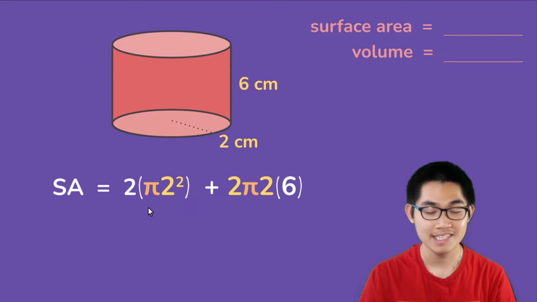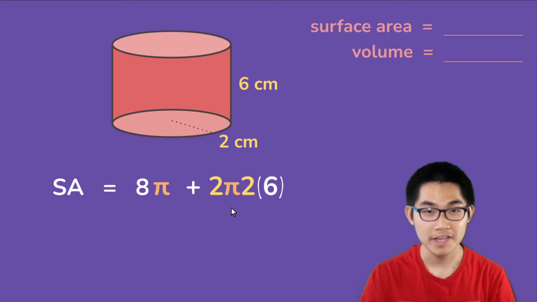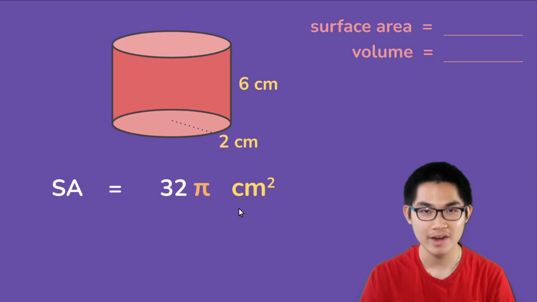And so on this side, 2 to the power of 2 is 4. 4 times 2 gives you 8. And over here, 2 times 2 times 6 is 24. And the last step is you take 8 pi plus 24 pi, which is equal to 32 pi centimeters squared.